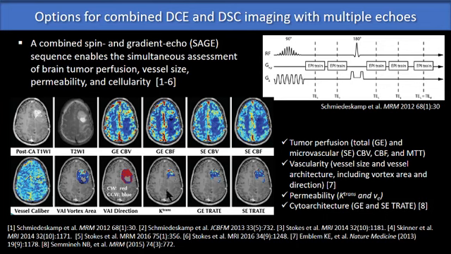There's VAI, which is a new metric that has been of interest lately in the DSC community, and it may relate to oxygen saturation and some other terms. So we can get maps of VAI. We can, of course, get Ktrans, and then also these cellularity markers, the little r2* TRAIT terms. We showed that in a high-grade glioma patient.